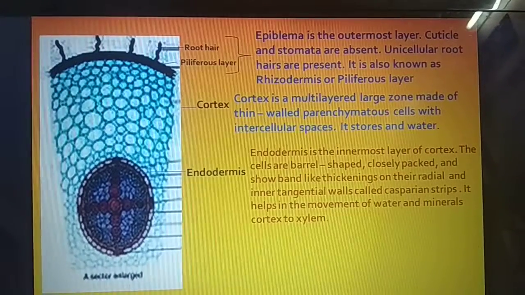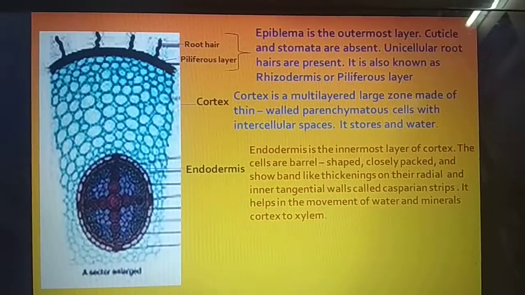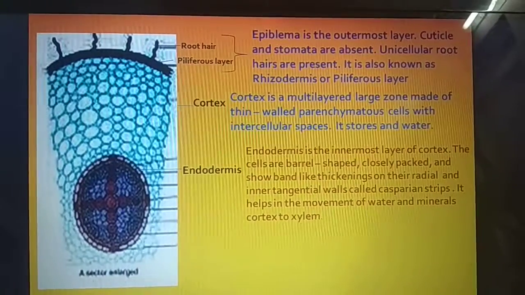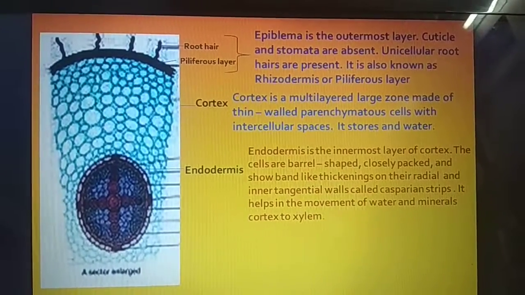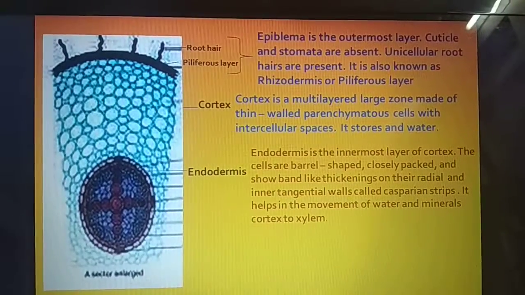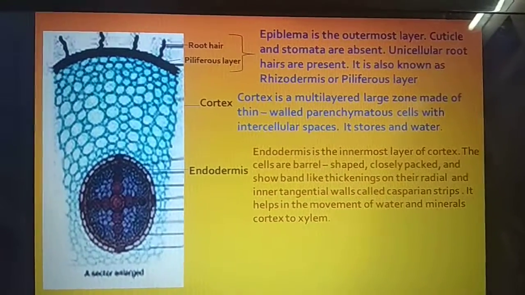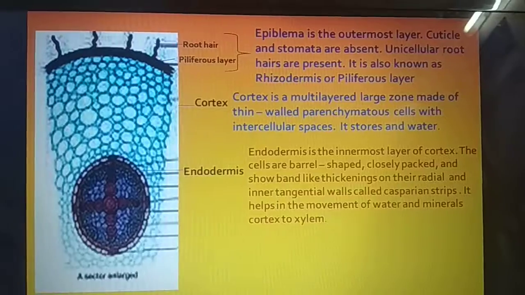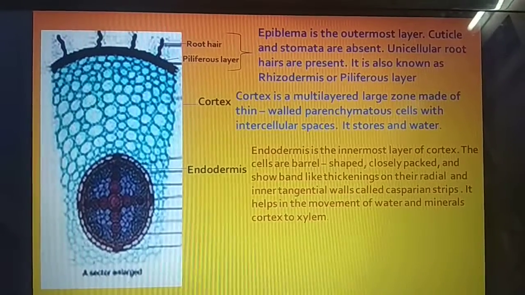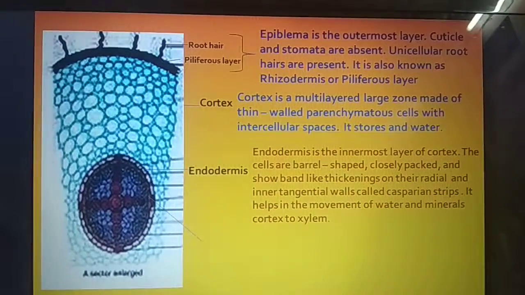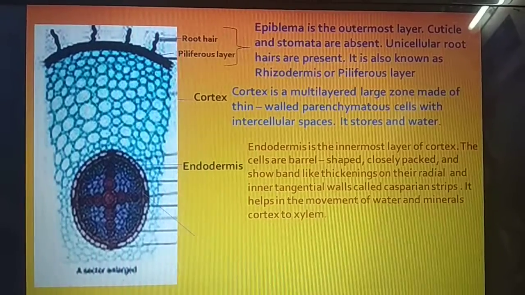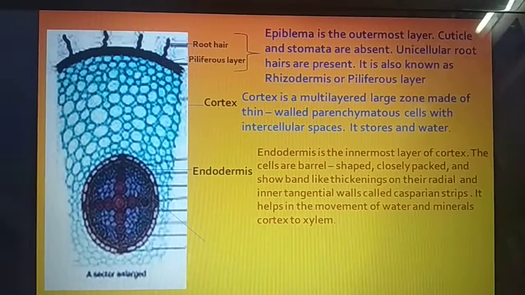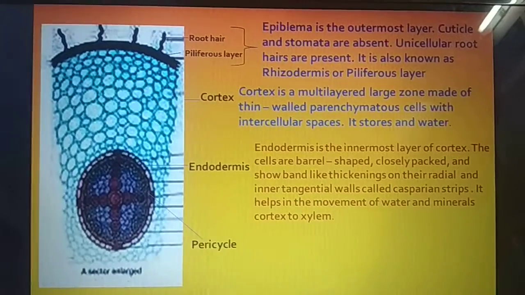Here Casparian stripe is present. It helps in movement of water and minerals from cortex to xylem. Water moves from the root hair to cortex, and cortex to xylem.